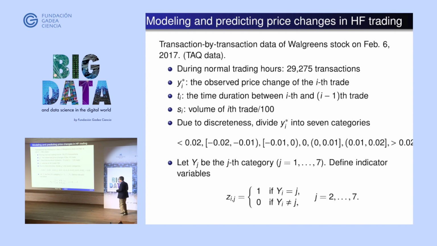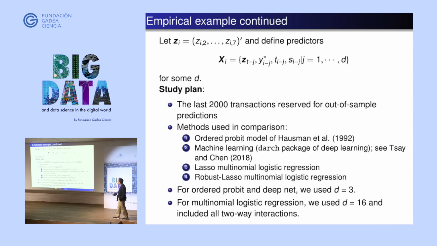So to fit into the generalized linear framework, we would like to predict which category the next transaction price falls into. We create a categorical variable with 7 categories, and I have 6 dummy variables to represent the categories.